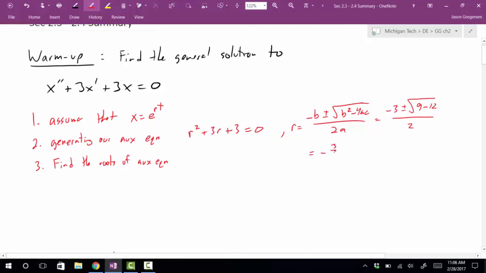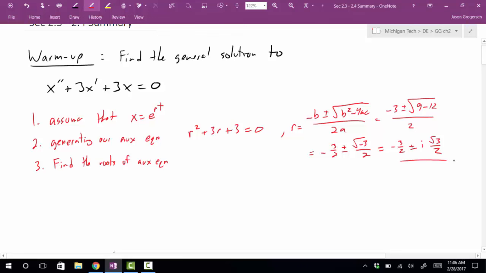So I get negative 3 halves plus or minus the square root of negative 3 over 2. So what do I have here? Looks like I have complex values, negative 3 halves plus or minus i times root 3 over 2. So I have complex values.